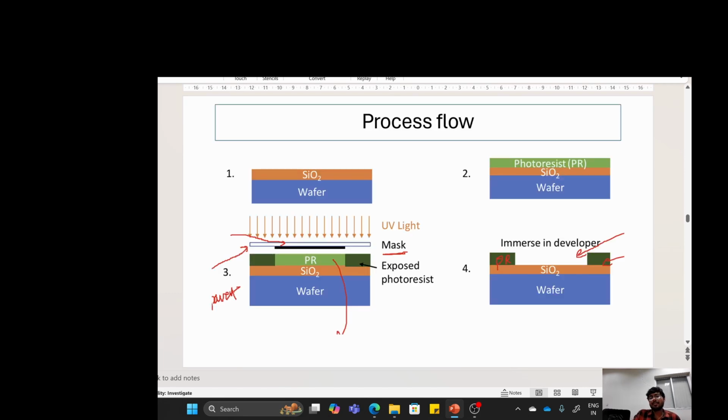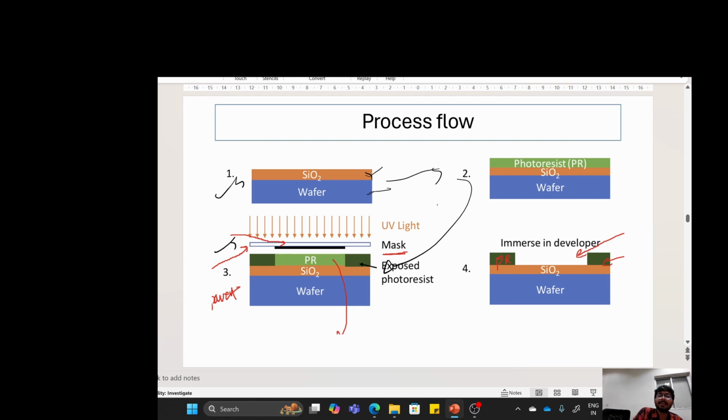The process flow is like this: you have a wafer, you have SiO2, and now you want to transfer the pattern over the SiO2. This photolithography is the indirect process. First you coat a photoresist, and then through a mask or reticle you shine the light.